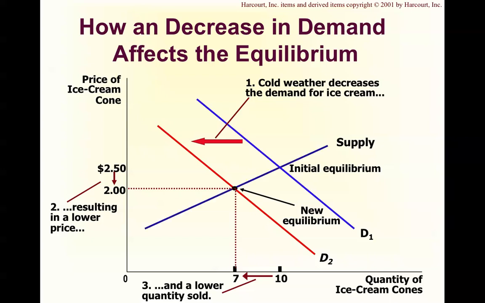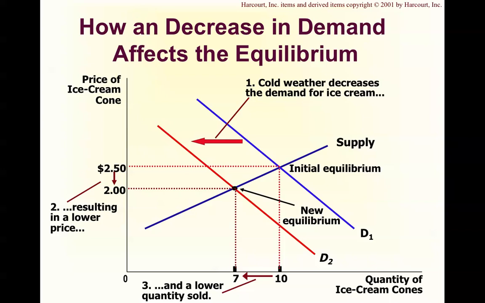Now let's draw the whole thing here. Okay, we have the initial equilibrium, D1. There we go, D1. And demand now drops. Cold weather decreases the demand for ice cream. Demand drops. And as a result, now there's going to be, at the initial price, a surplus.